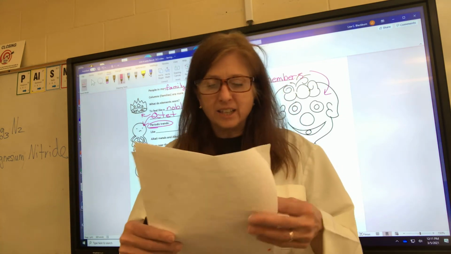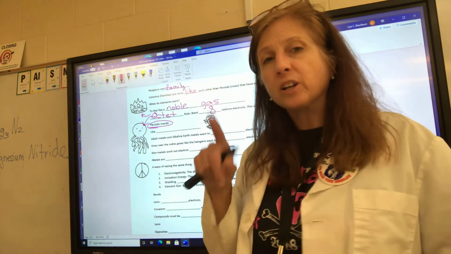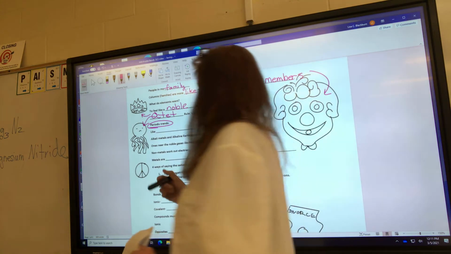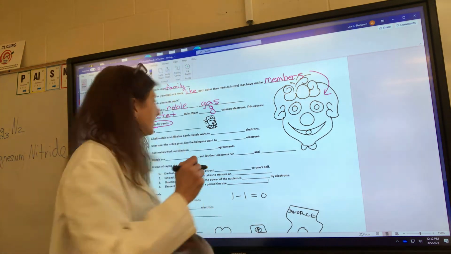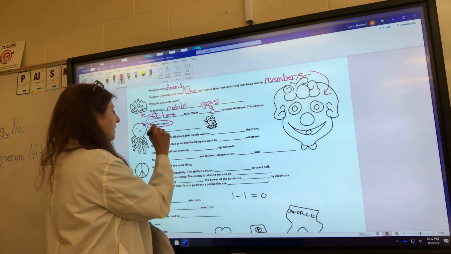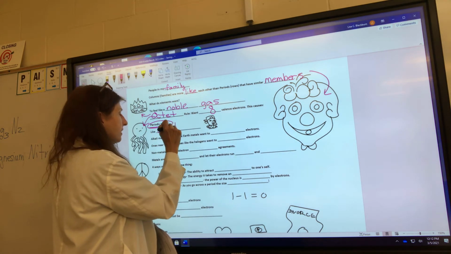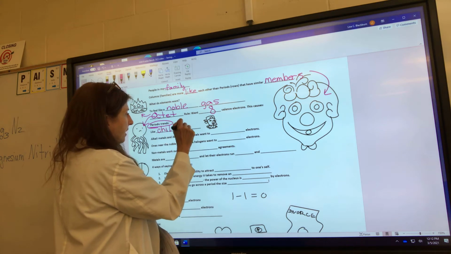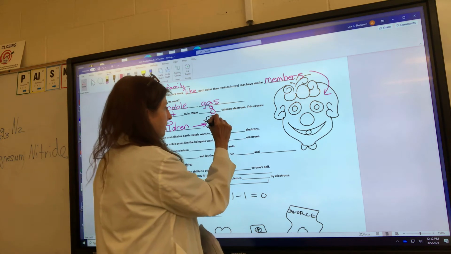All right, so what we're going to talk about next is periodic trends, and how we're going to understand it and remember it is we are going to think of these electrons as children. And there's our little child, and this is David.